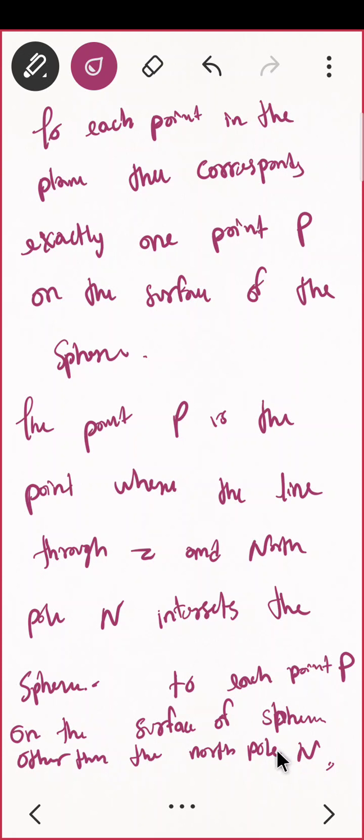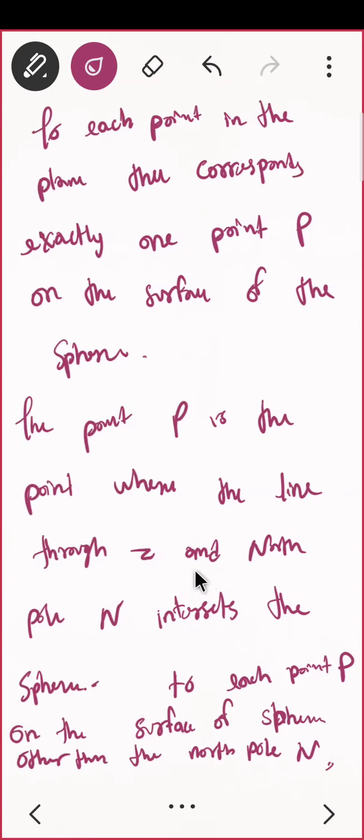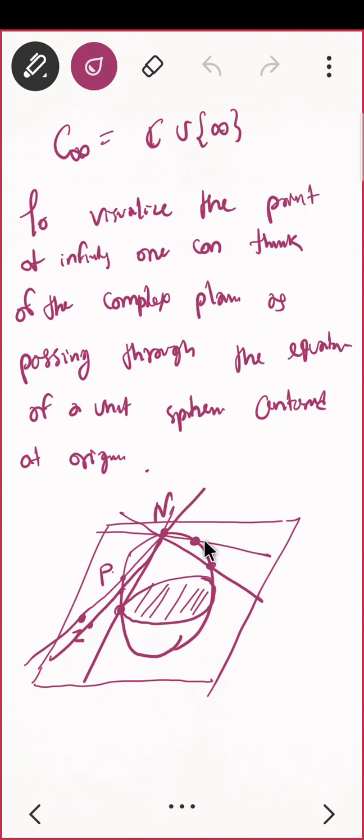So for each point there corresponds exactly one point in the plane z. Do you see what I have given? I have given a mapping, which seems to be a bijective map. Correct? I am able to give a bijective map from where to where? From the complex plane to your sphere, where the north pole is not mapped anywhere. That is what you need to make sure.